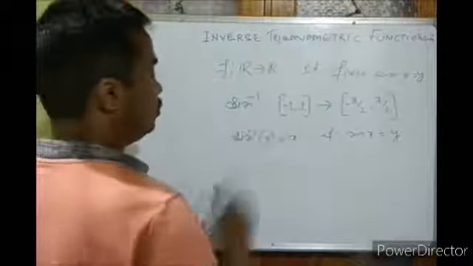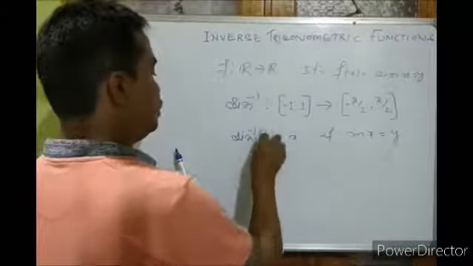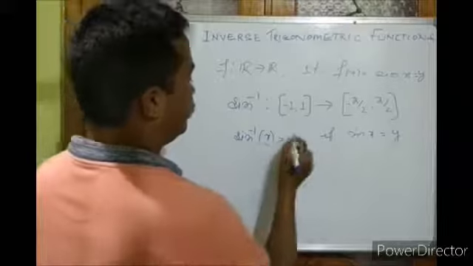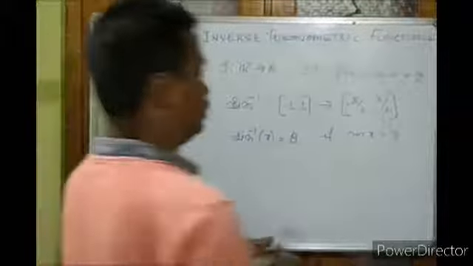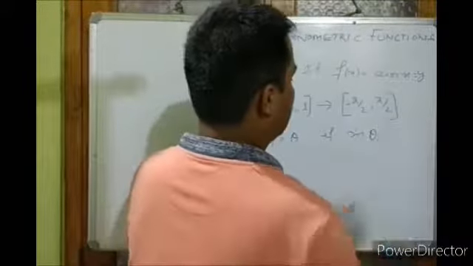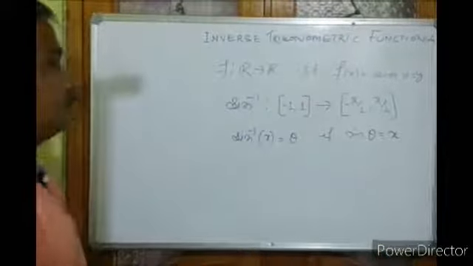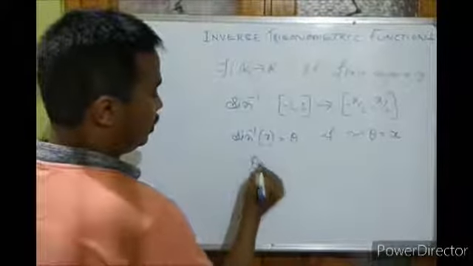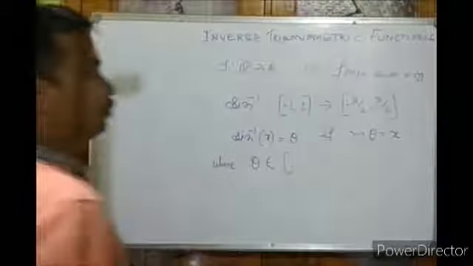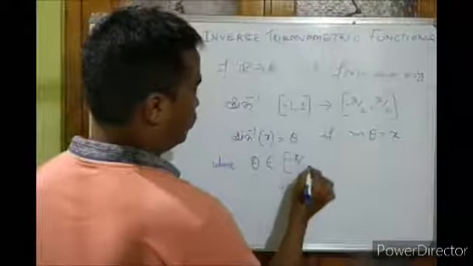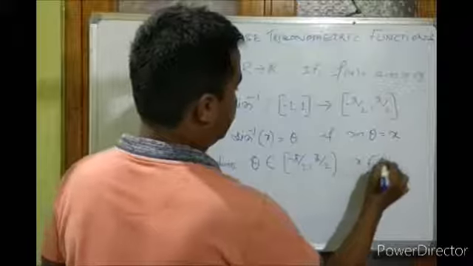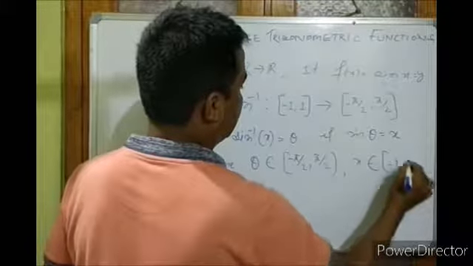We can change it like this: sin inverse x is equal to theta if sin theta is equal to x, where theta belongs to minus pi by 2 to plus pi by 2, and x belongs to -1 to +1.